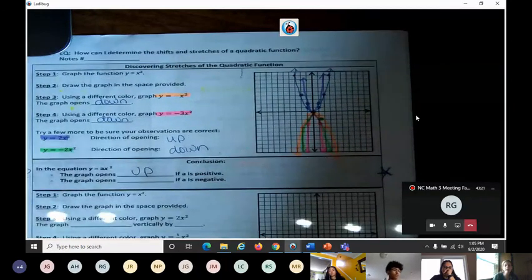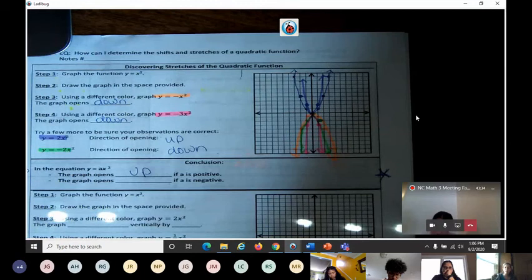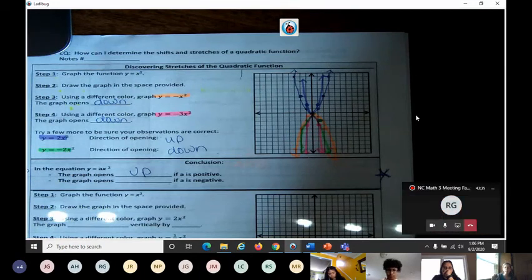And then Tyrell, can you tell me which direction the graph opens if A is negative? So like the green, pink, or orange graphs. Tyrell, you can also message me an answer if your mic still isn't working.